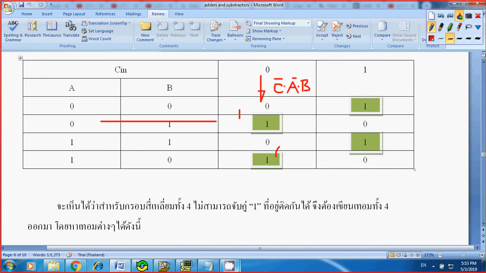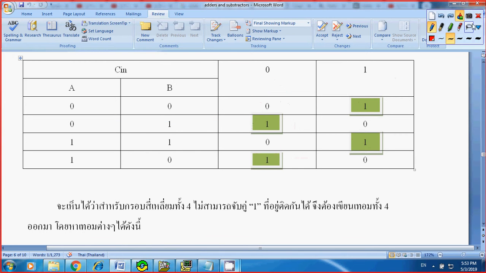And you do the same thing for sum 2, sum 3, sum 4, and you add them together. You use the plus sign, but it actually means you need to use the OR gate. That's what this means.